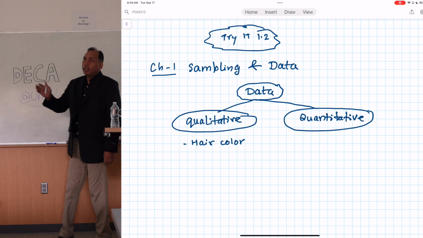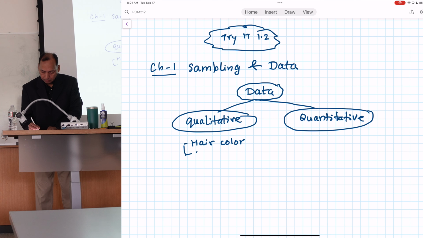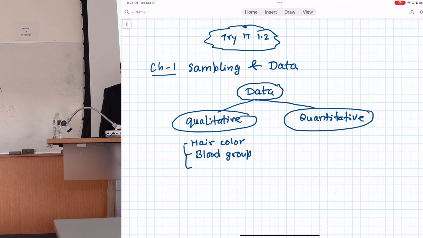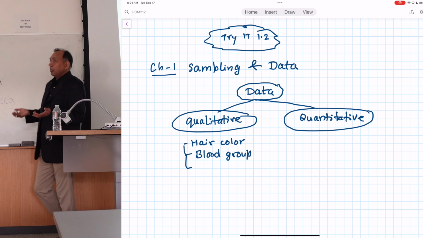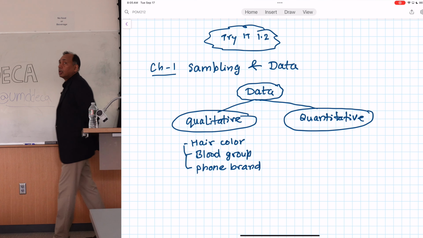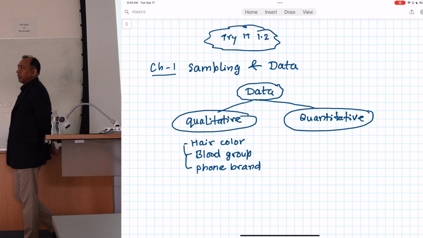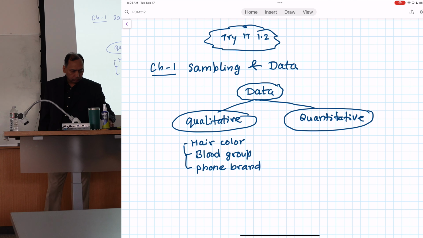You have different categories, different hair colors, blood group. It could be the smartphone brand that you may have. It could be the type of car. Basically, you are dividing data into different categories.